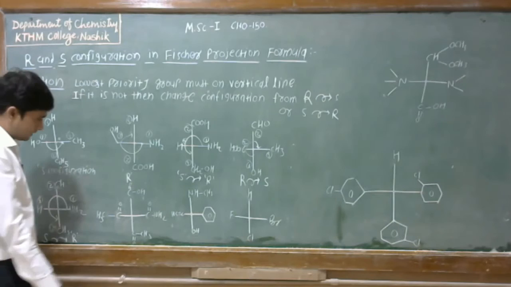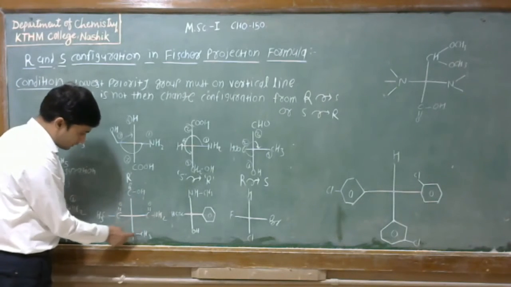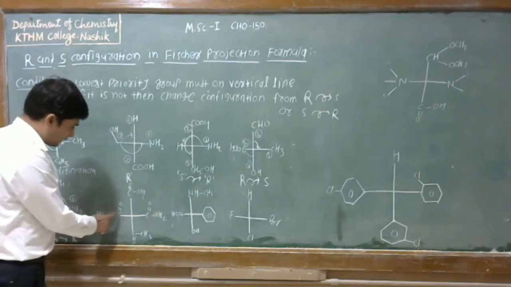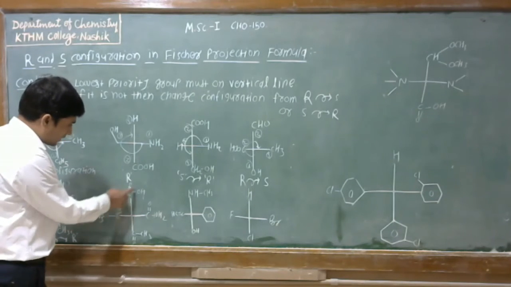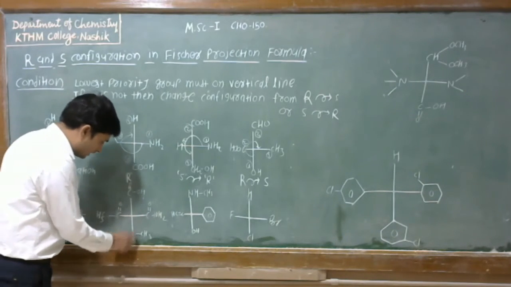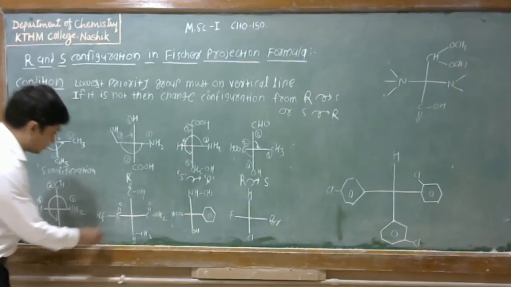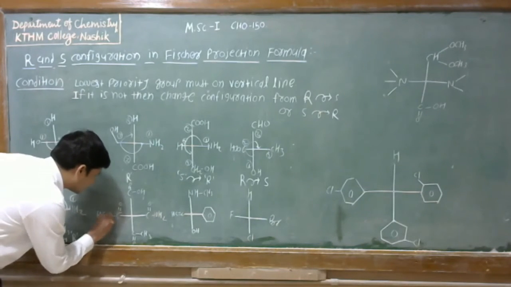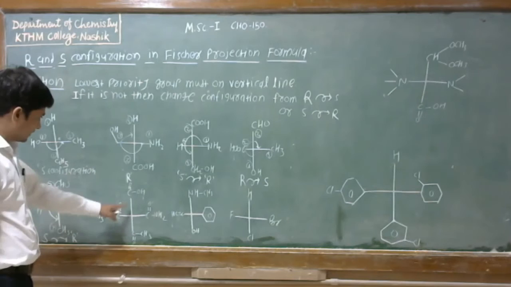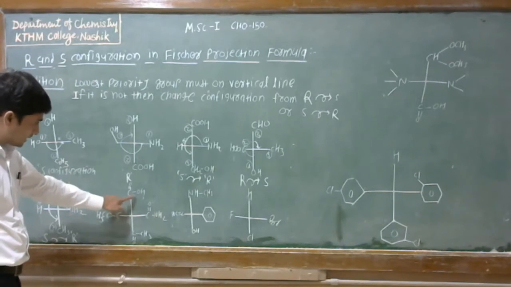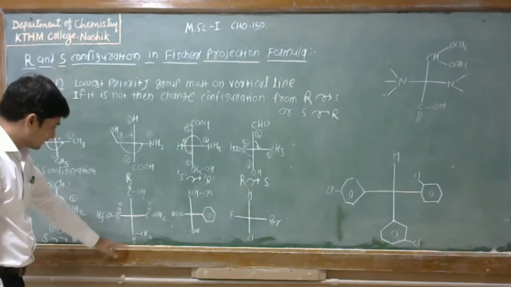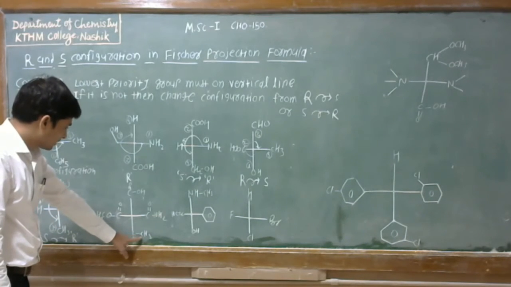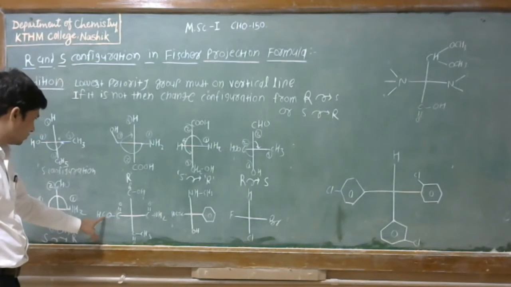Now we can see the four groups are attached to a carbon, but all of these carbons have carbon double bond oxygen. Therefore, we have to go further for the priority. This carbon is attached to oxygen next, this carbon to nitrogen next, this carbon to carbon next, and this carbon to OCH3 next.